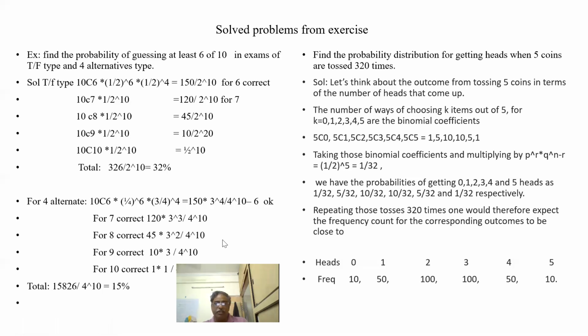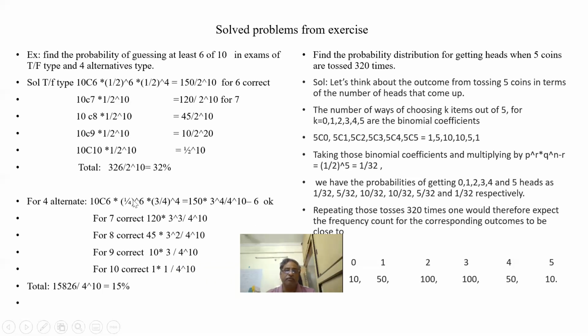Suppose 4 answers are there and only 1 is correct. Then p is 1 by 4 and q is 3 by 4. So the same formula: nCr, p to the power of r, q to the power of n minus r. So 3 to the power of 4 by 4 to the power of 10, 3 cubed by 4 to the power of 10, 3 squared, 3 and 1. So this is 10C6, 10C7, 10C8, 10C9, 10C10.